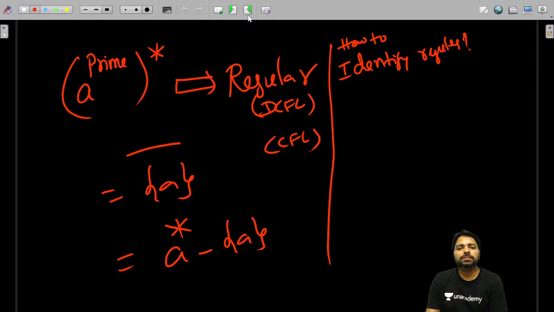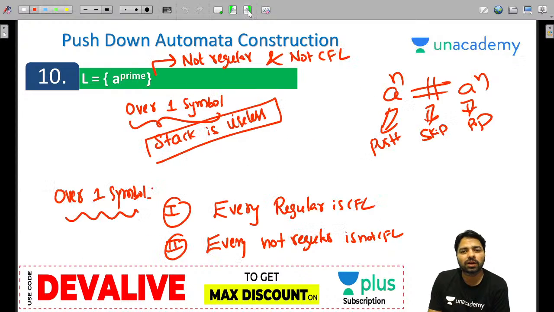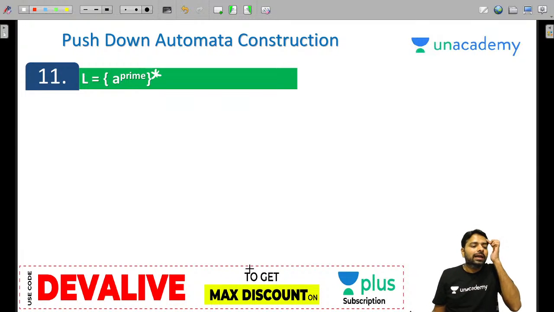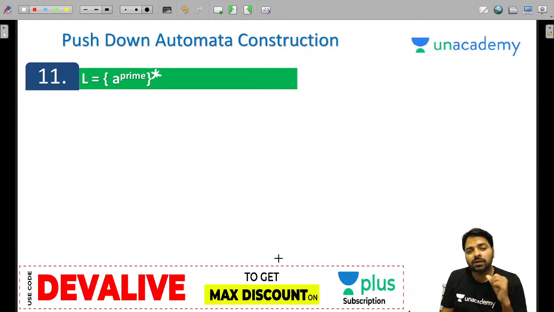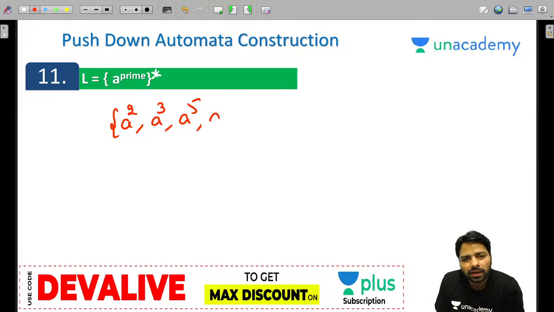Now a new concept is introduced. Now let me write here. Now I have star. Let me explain if you forgot. What is the meaning of this? A power prime, it's just like A power 2, A power 3, A power 5, A power 7, A power 11 and whole star.